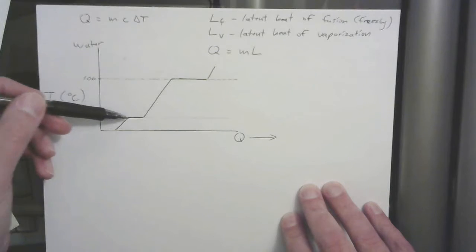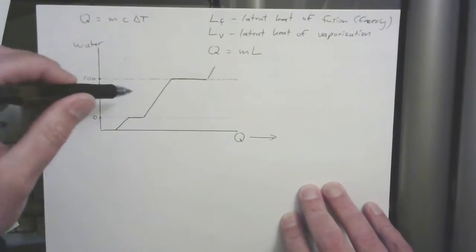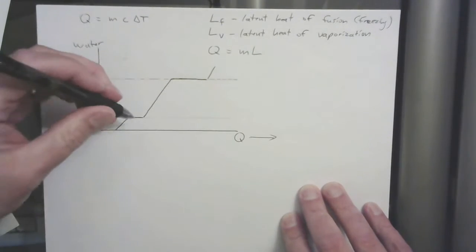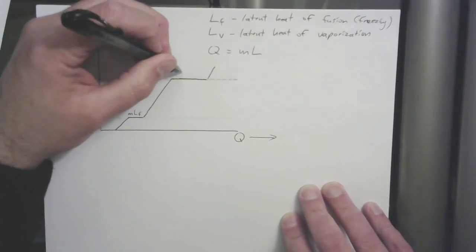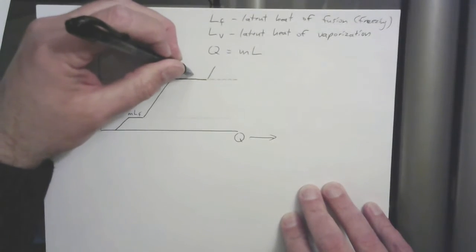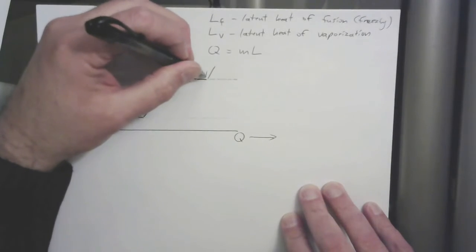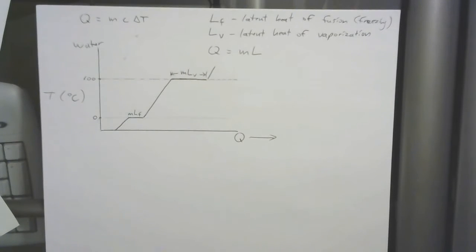And then for the flat portions, that delta Q there is just mass times the latent heat. This much energy here would be mass times the latent heat of fusion. This one in here would be mass times the latent heat of vaporization from there to there. So it all comes out in energy units, which should be no surprise because energy is pretty nifty and energy is conserved.